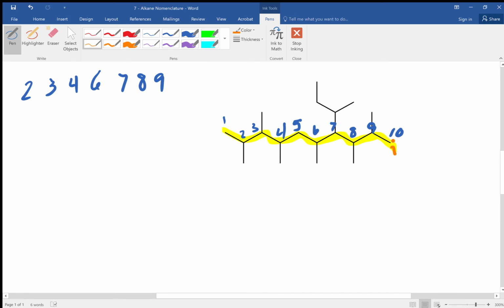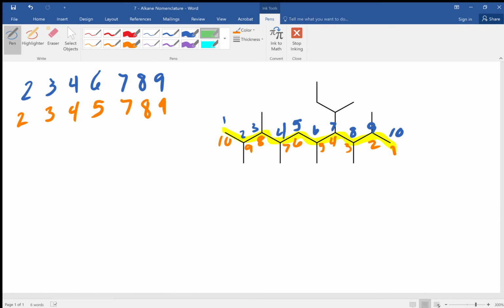Going right to left, we'll use orange. And we get substituents at 2, 3, 4, 5, 7, 8, and 9. So our first substituent, each direction, same number.